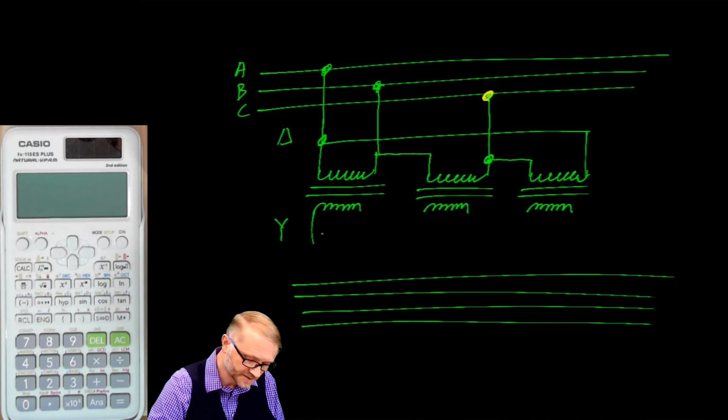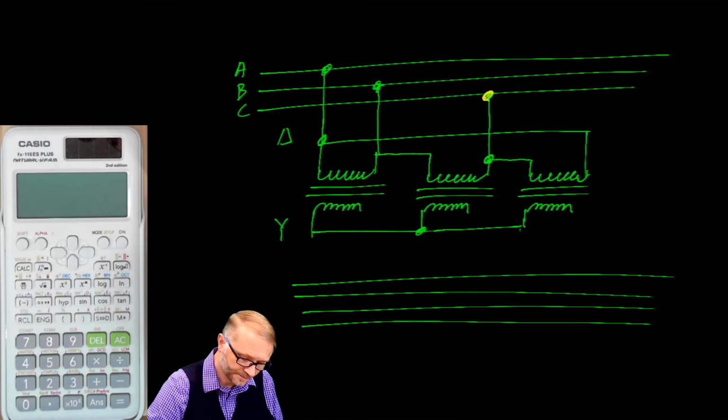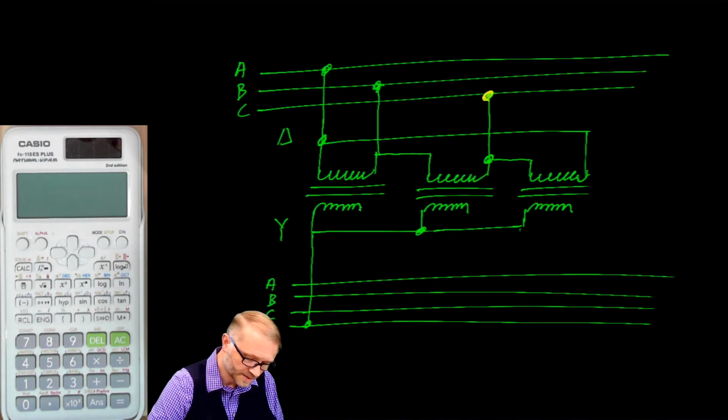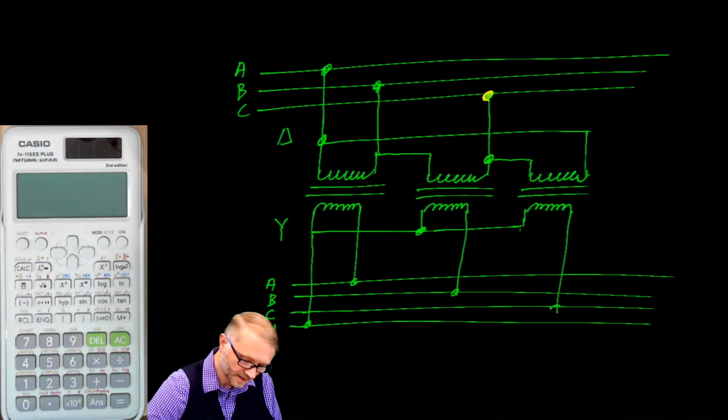So often you'll see a Y like so, where the connection is made up here. And then you bring the connections down. So this would go to neutral. This would drop down to A, to B, and to C.